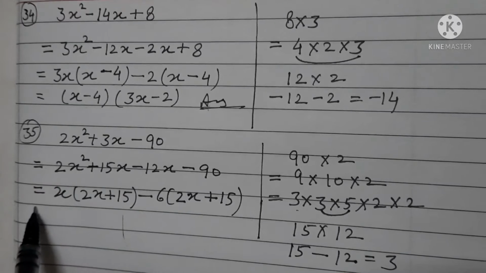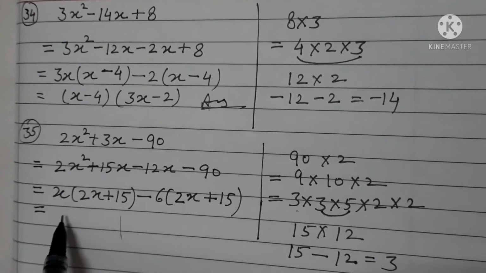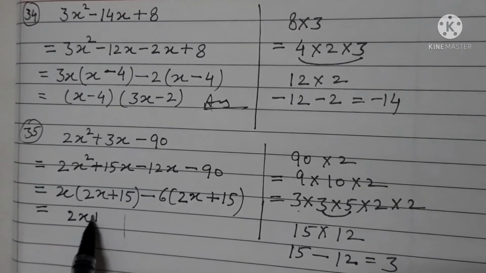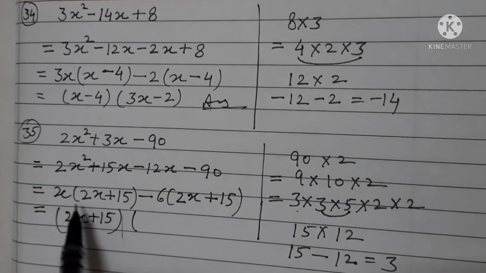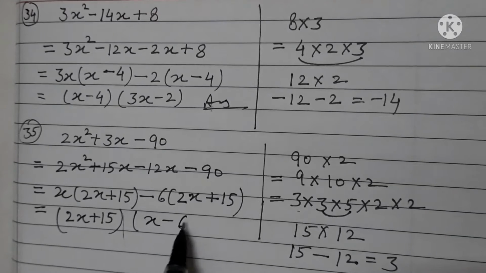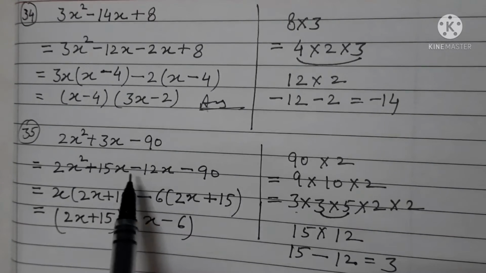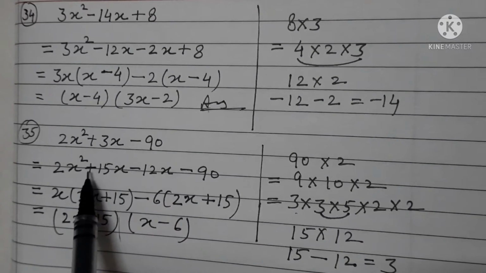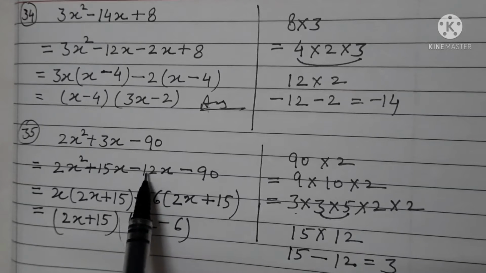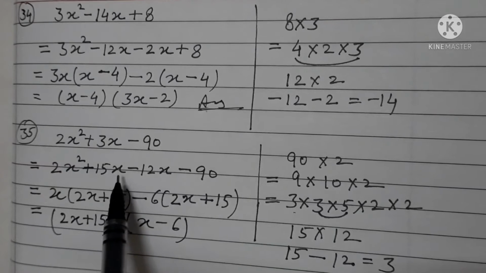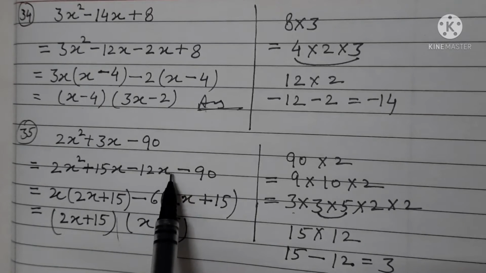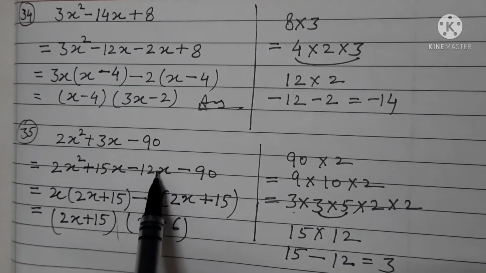Okay, this is just a trick. So 2x plus 15 take common, and in the other bracket x minus 6. Or you can write it like minus 12x before and plus 15x after, then you can take 2 common and the remaining part in the bracket, and 15 will be written after the 12.